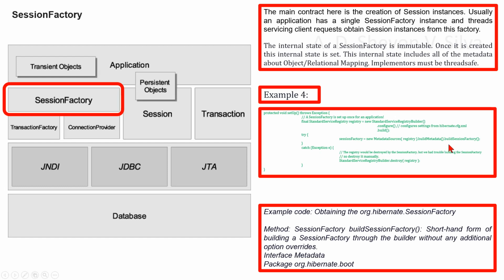The method buildSessionFactory is a shorthand form of building a SessionFactory through the builder without any additional option overrides. This is in the interface Metadata, which is in the package org.hibernate.boot.